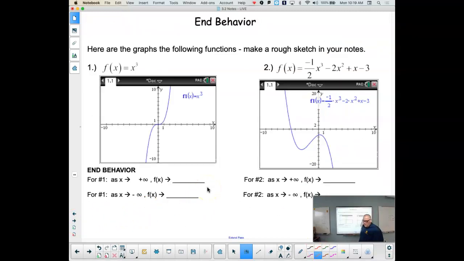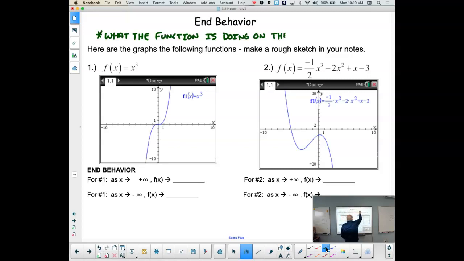So, let's talk end behavior now. End behavior is what the function is doing on the sides of our graph.